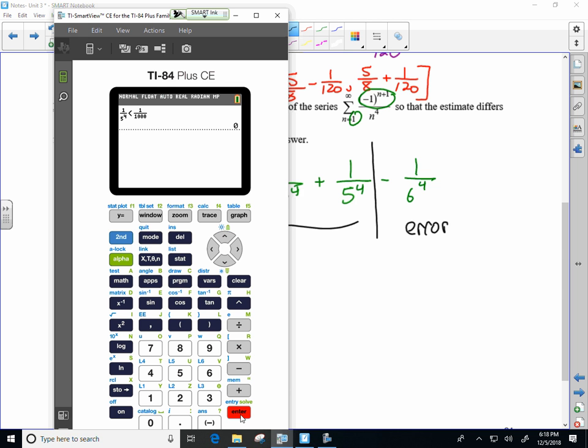I'm getting false. Okay, so 1 divided by 5 to the 4th in decimal form.